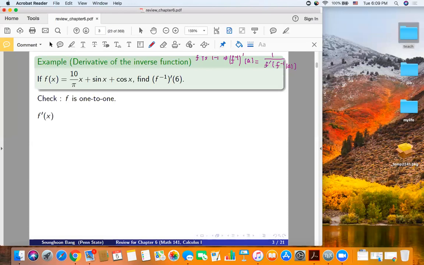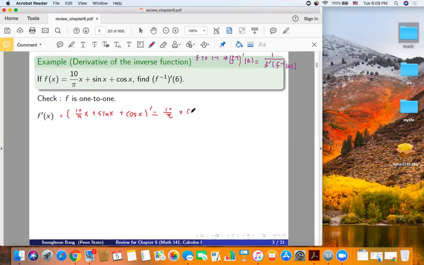Calculate f prime. f prime of x is the derivative of 10 over pi x plus sine x plus cosine x. The derivative of 10 over pi x is only 10 over pi.